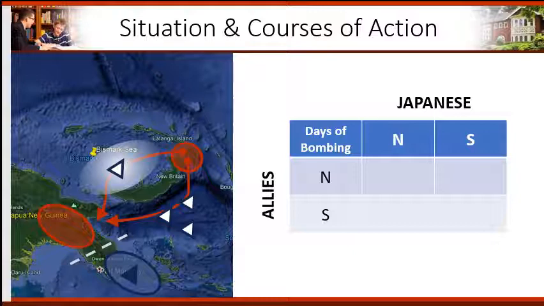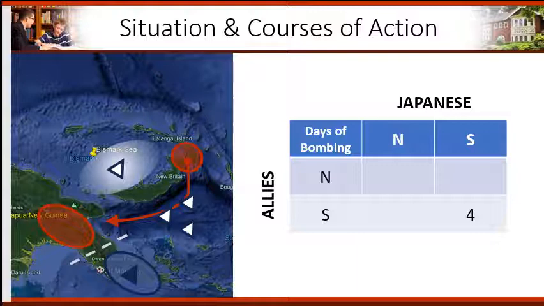So now we're going to try to put numbers in this chart, which is actually what the American general did in assessing this situation. So let's start with the best situation for the Americans. Which of these four quadrants do you think would be the best situation for the Americans? Well, it would be this south-south scenario, right?